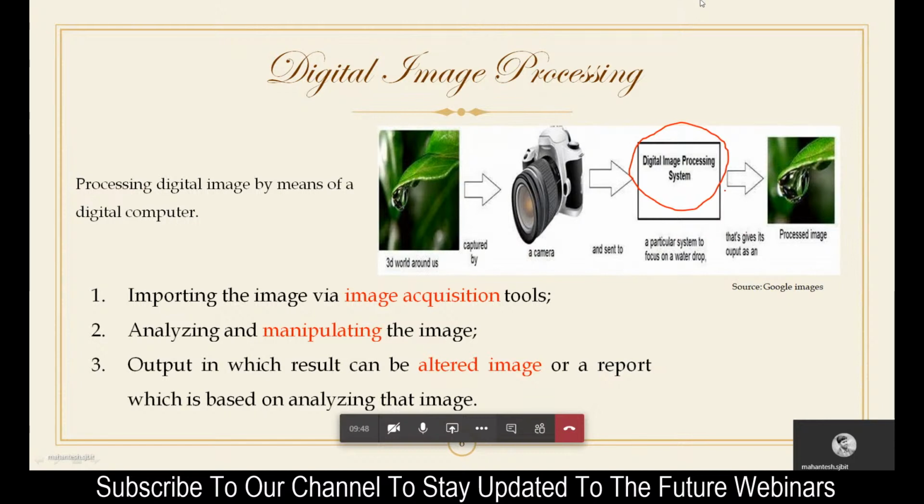And the processed image, if there's an introduction of or evolution of semiconductor devices and image sensors, nowadays it has become more cheaper to capture an image or capture a scene through a digital devices. And analyzing or manipulating the images there, hereby we introduce so many mathematical models or algorithms in order to manipulate or to analyze the image, and in order to generate the output which is a semantic in nature, semantic, or which is visually more interesting.